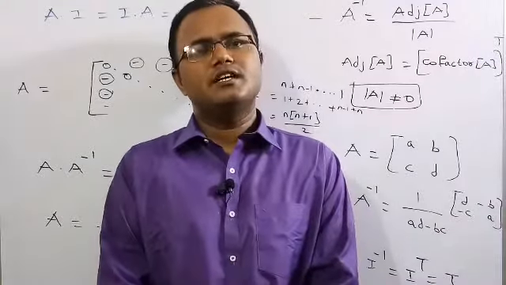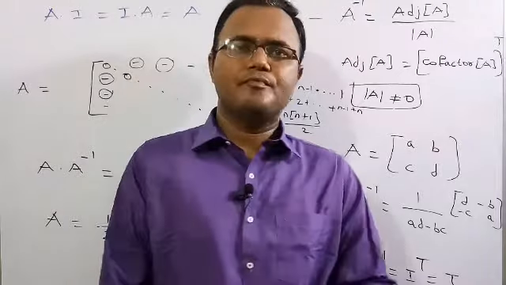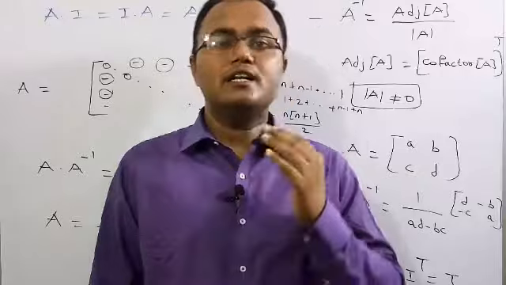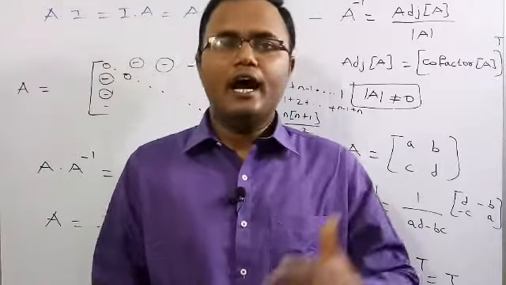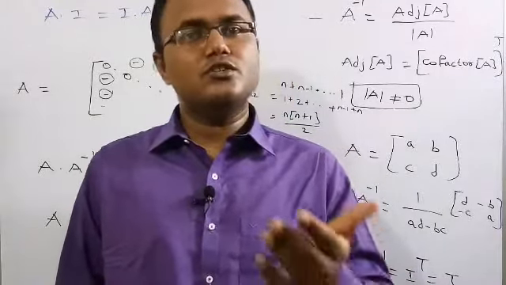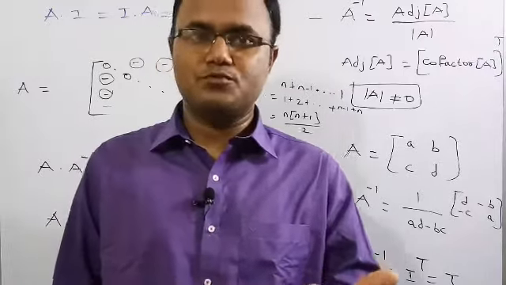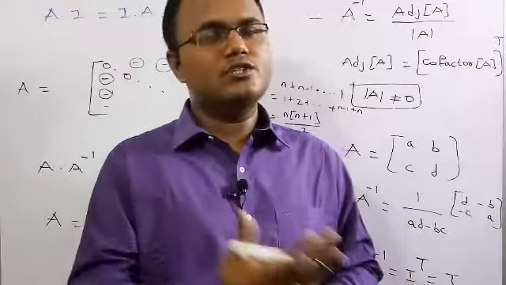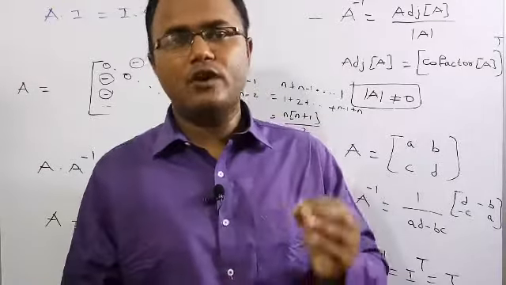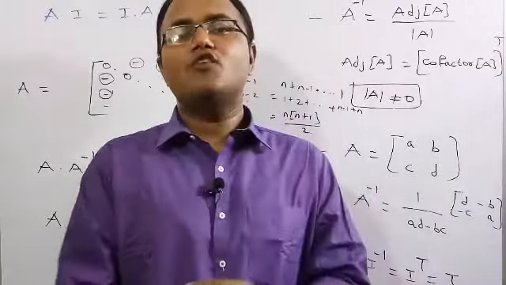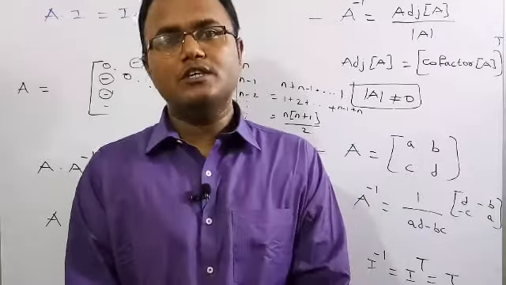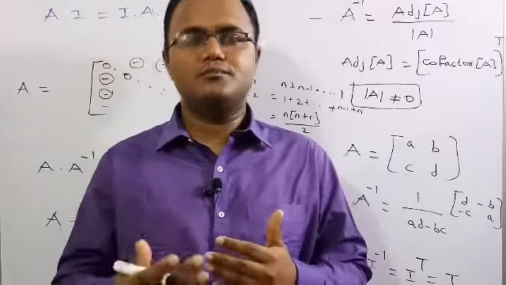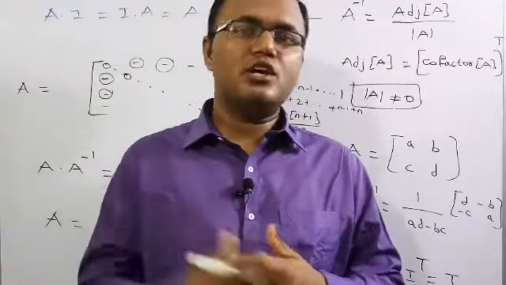One more thing, I have already told you, the rank of matrix A is equal to the rank of the transpose of the matrix. Whether you take the transpose or the original matrix, the rank does not change, because transpose means changing rows to columns or columns to rows.